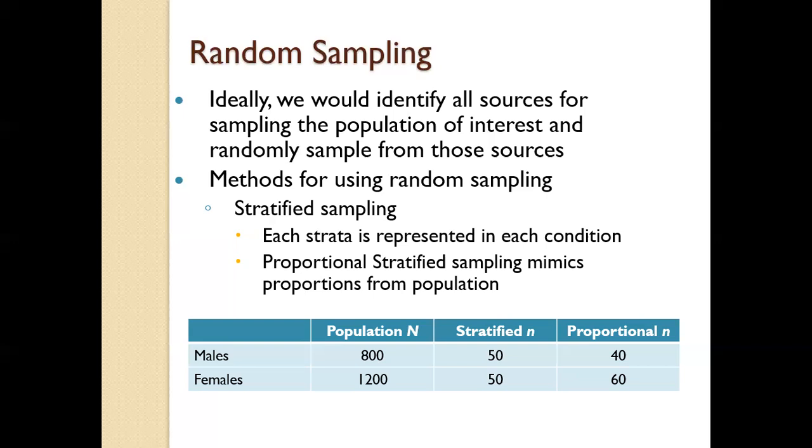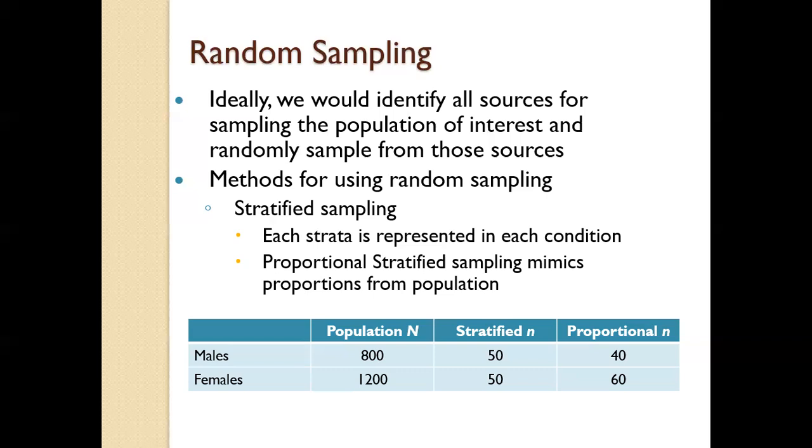So for instance, if I'm looking at males and females, my strata would be males and females. So I would then have to sample from the population of males and females. If my population had 800 males and 1,200 females, with stratified sampling, even though I have more females than males, I would still sample an equal number of males and females.